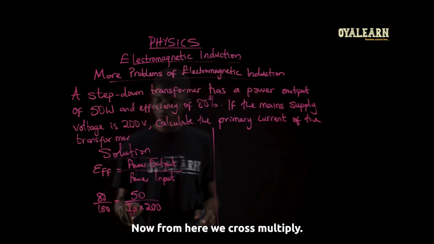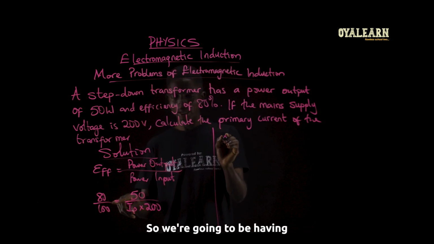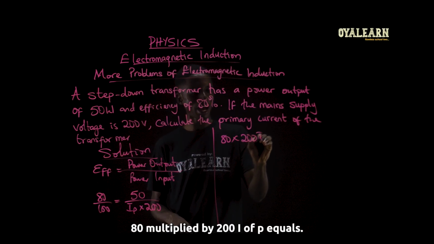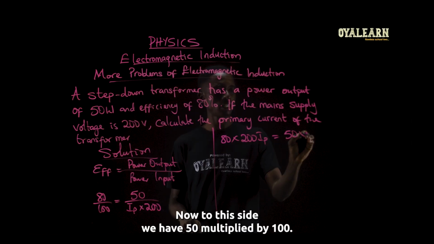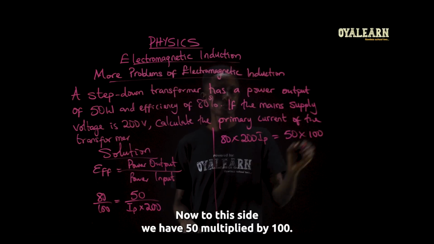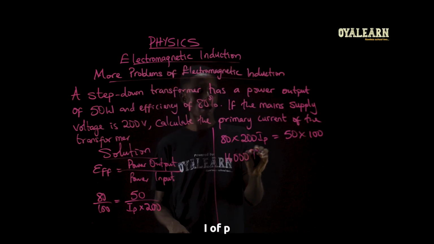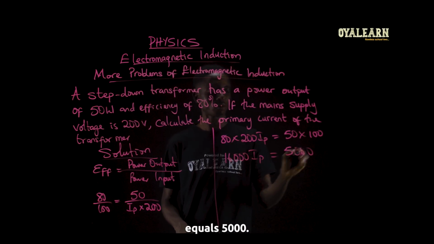Now from here we cross multiply. So we're going to have 80 multiplied by 200 I of P equals 50 multiplied by 100. This is going to give us 16,000 I of P equals 5,000.